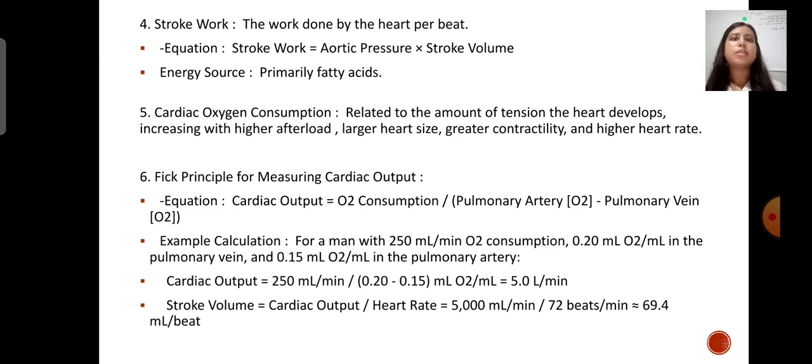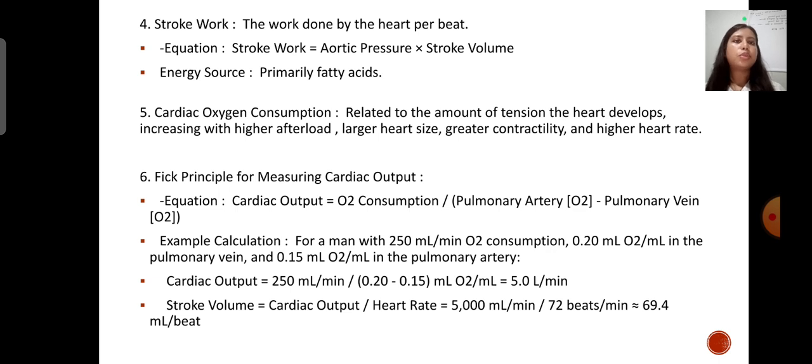And lastly, the Fick principle for measuring the cardiac output defines cardiac output as equal to oxygen consumption divided by the difference between pulmonary vein oxygen and pulmonary artery oxygen. Example: a man with 250 ml per minute oxygen consumption, 0.20 ml oxygen in the pulmonary vein and 0.15 in the pulmonary artery.